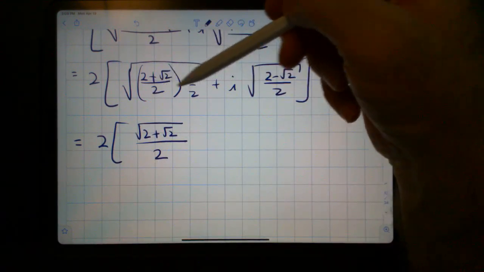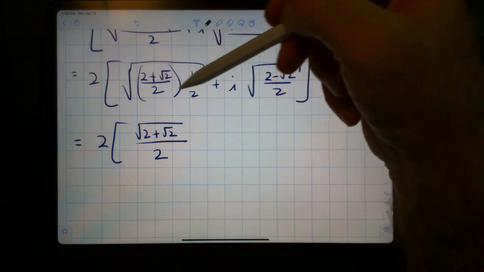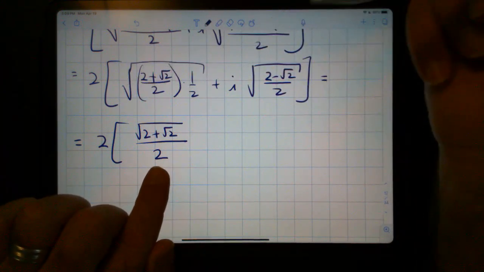So this will give me a 4 in the denominator of the radical, so that when I take the square root of that, you get a 2.